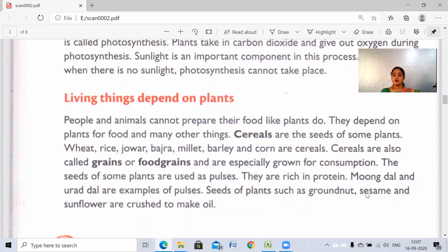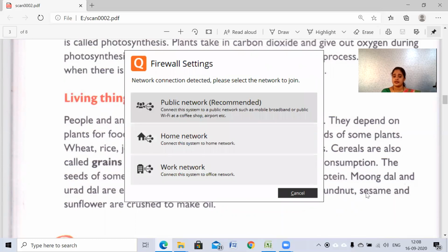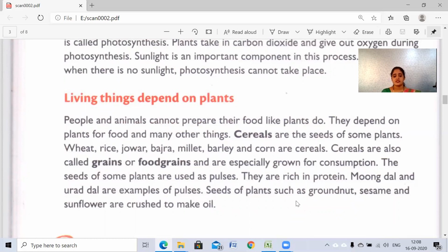We cannot prepare our own food. We depend upon plants for food and many other things, isn't it?